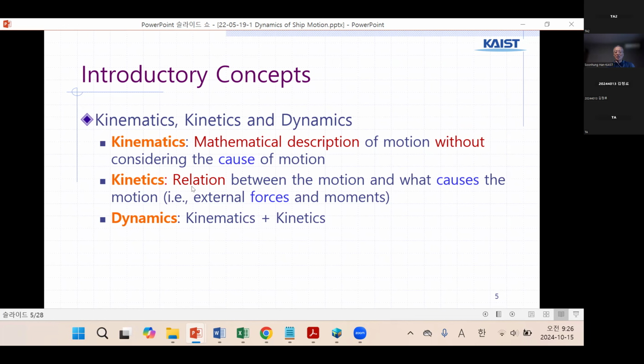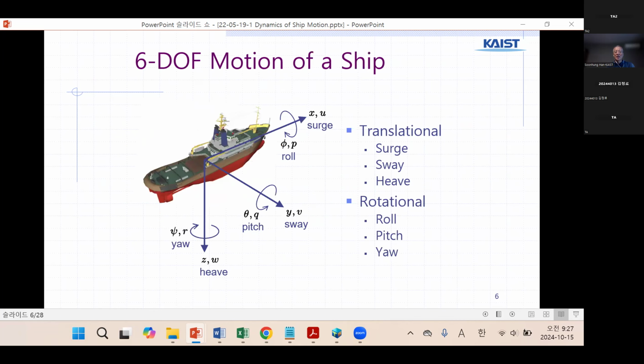Kinetics is more related to the relation between the motion and the cause of the motion. The cause of motion is external force. So dynamics is combining them together. Probably you had a separate class about dynamics. I just remind you about this terminology.